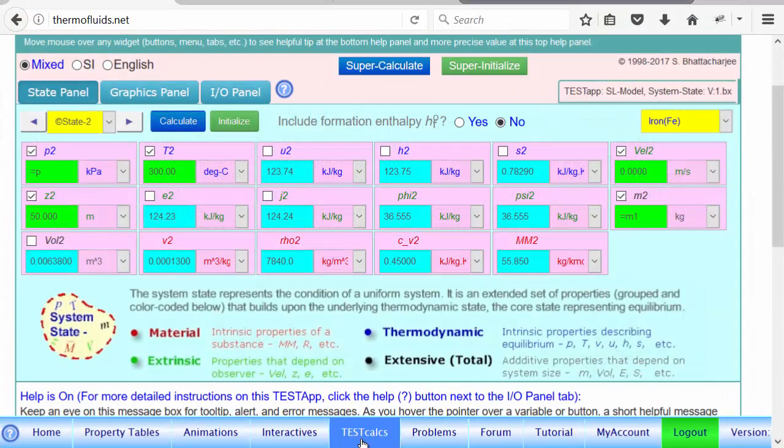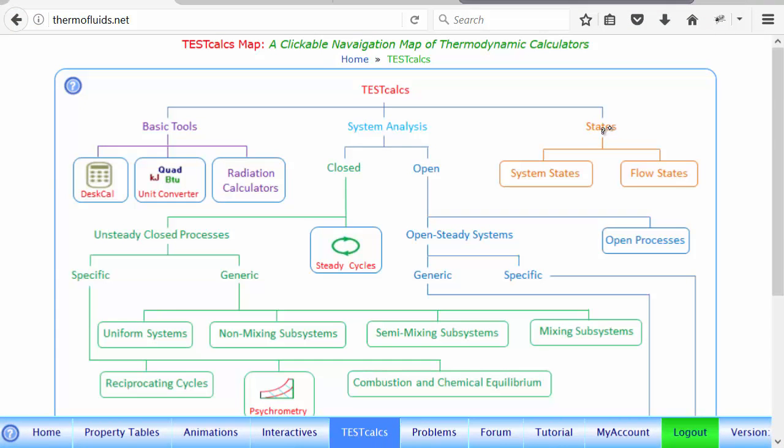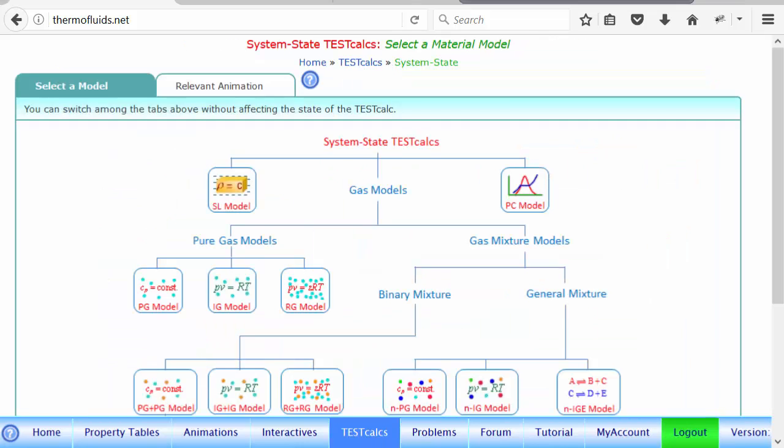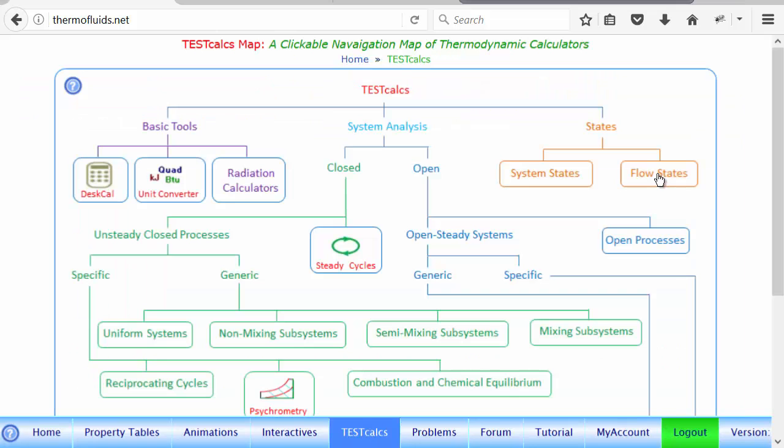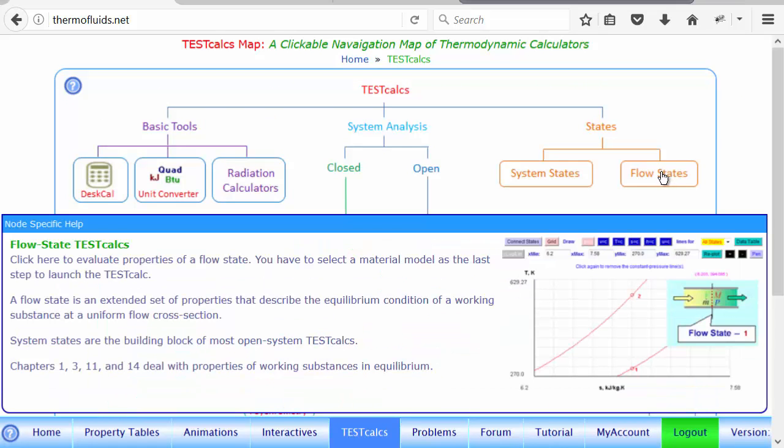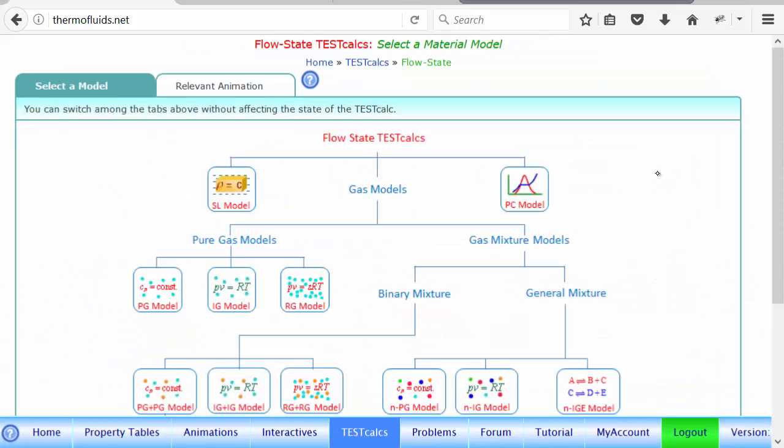Just a quick note here that I would suggest that for the system state SL model, you go over this video first, how to find a system state, before you solve this particular flow state problem. So this is how we're going to build up one video on top of another.